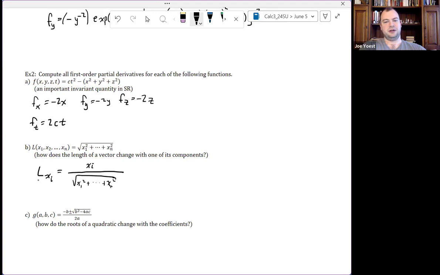The 2 that would come down cancels the 2 from the 1/2 root from that derivative. And this is our partial, it's xi over square root of x1 squared through xn squared. Or it's just xi over the length.